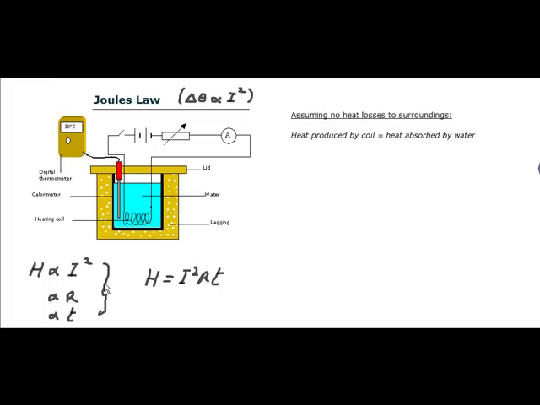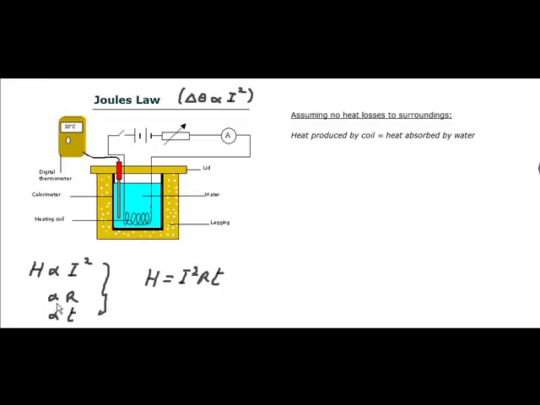Okay, before we start, we just need to remind ourselves of another experimental result, and that is whenever you pass current through any wire or any coil, by experiment it can be shown that the heat produced is proportional to the current squared.